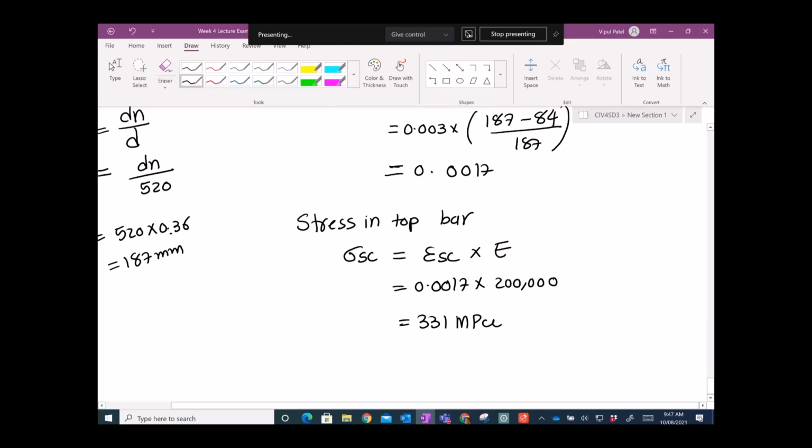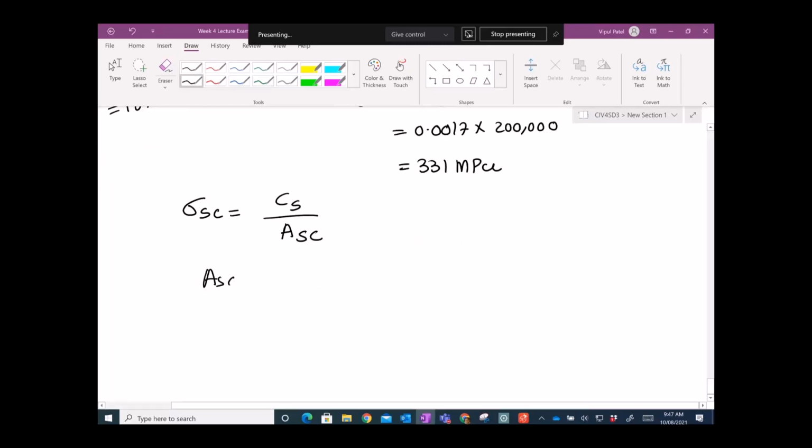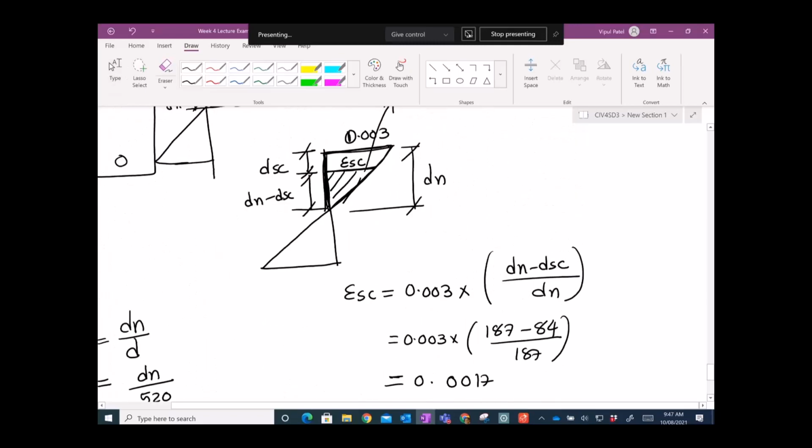Now once you know the stress, you can find the area, right? Because stress is equal to force over area, ASC, and we need to find that ASC. So if I want to find ASC, we can have force over sigma SC, and the force, I think we got it somewhere.